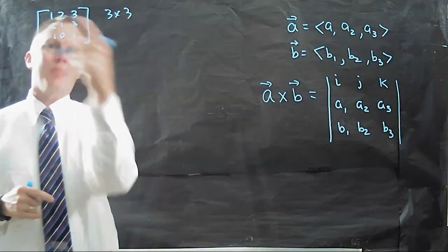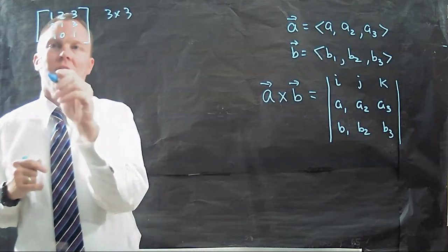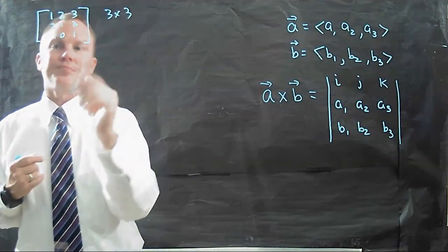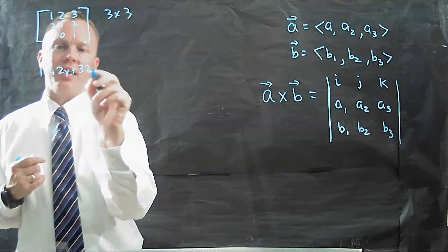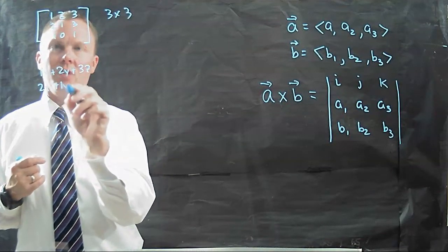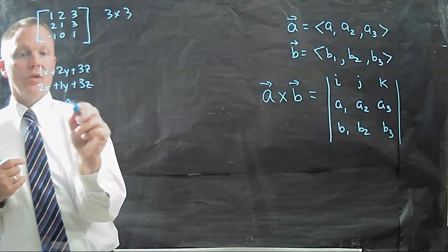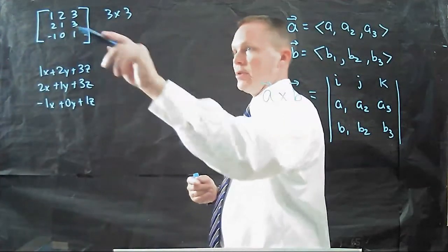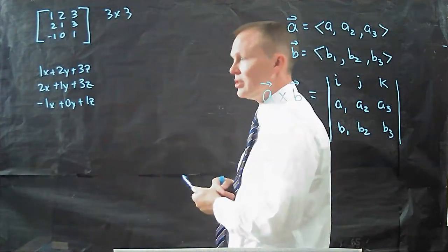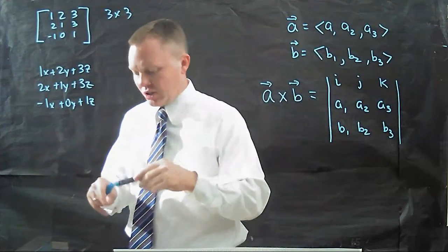So this matrix may coincide to a system of equations like 1x plus 2y plus 3z, 2x plus 1y plus 3z, negative 1x plus 0y plus 1z. Do you see where these numbers came from in the matrix? They're the coefficients. That's where matrices are traditionally introduced.